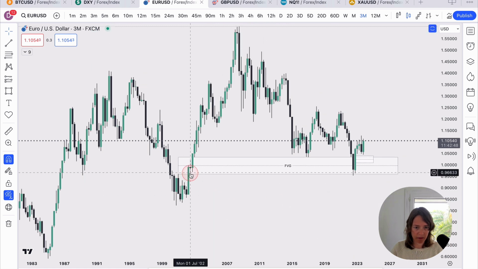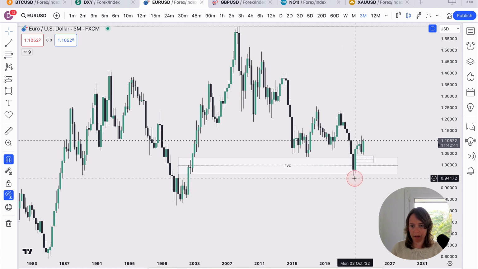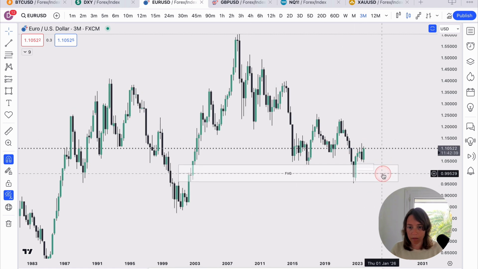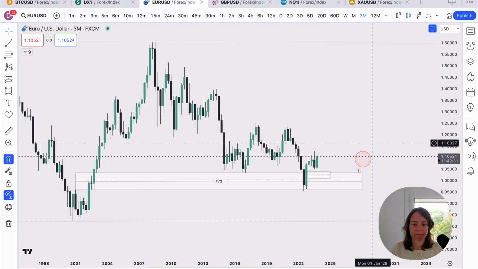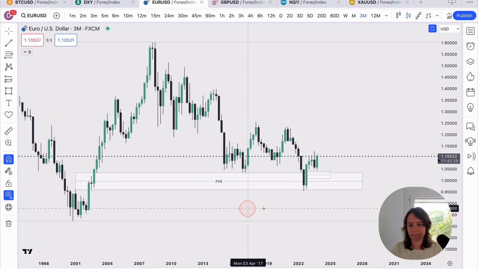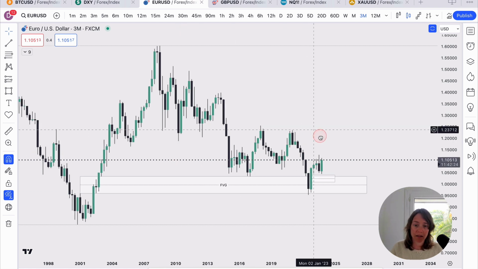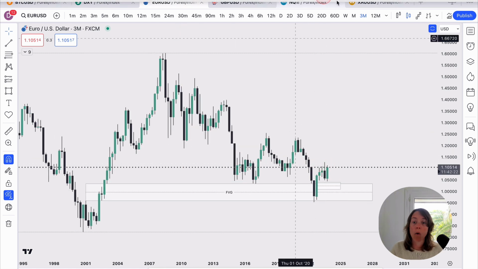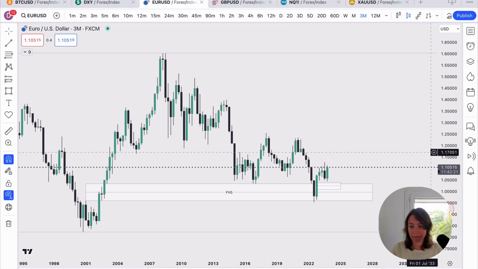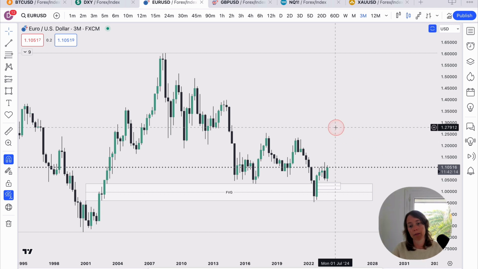It actually went to the extreme, also just like the dollar. Extreme fair value gap in here. Tap that, and now it's found support over here. So what I'm looking at is if it can go up more for next year. And it does look like it. But of course we need to watch it on a day-to-day basis.